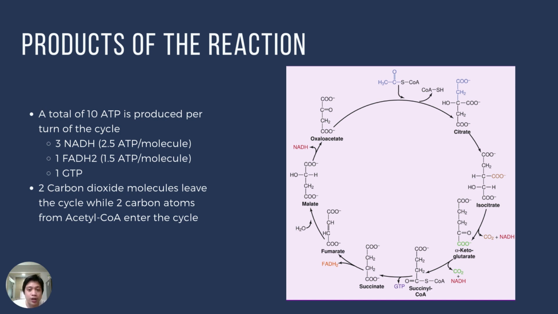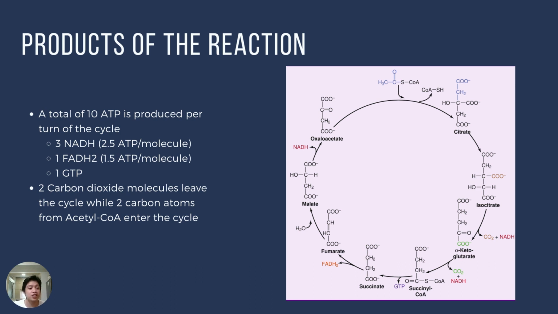Another NADH will be liberated from the oxidation of alpha-ketoglutarate. And the last NADH will be liberated from the oxidation of malate. The FADH2 or the reduced FAD is liberated from the oxidation of succinate into fumarate. And the 1 GTP or ATP is produced by substrate level phosphorylation from the thiolysis of succinyl-CoA into succinate.